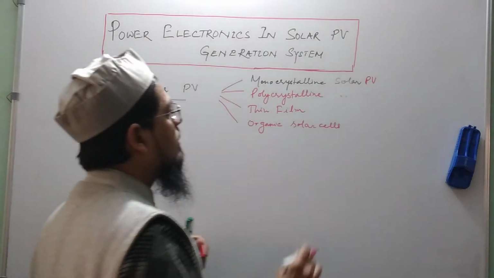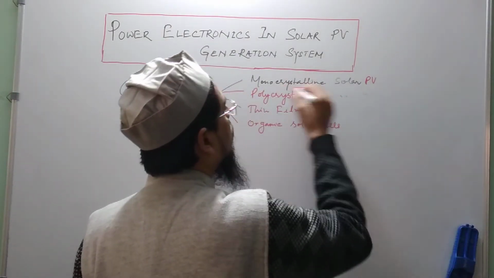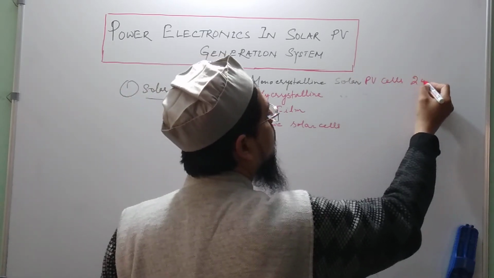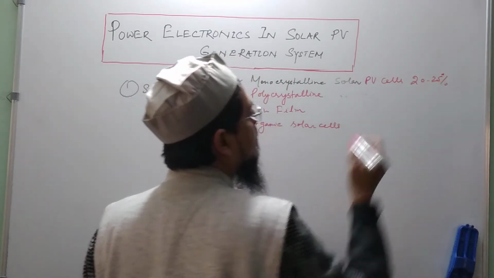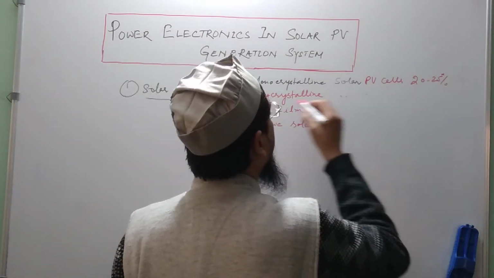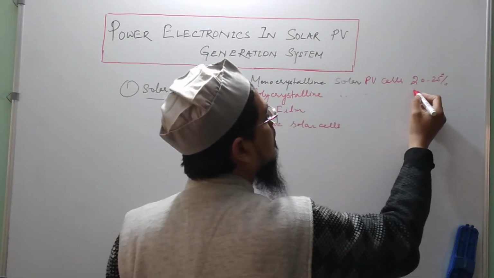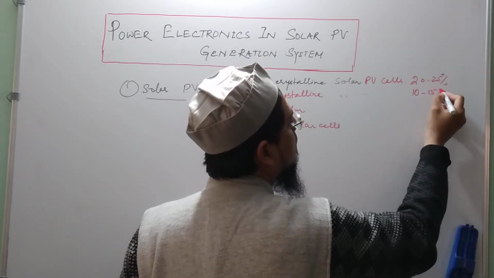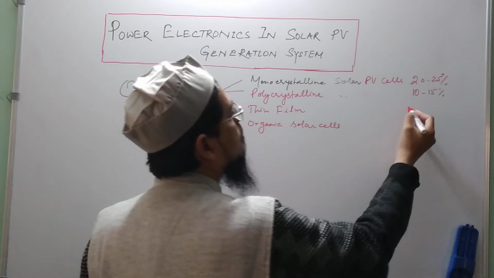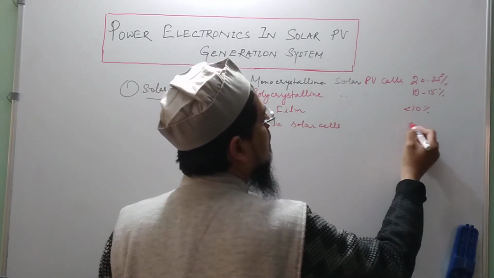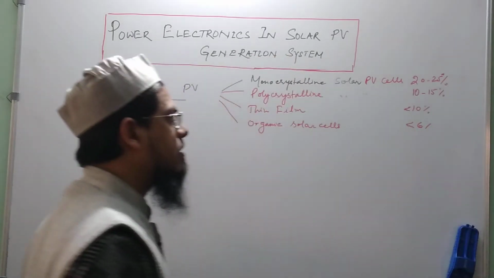Typical efficiency of monocrystalline solar PV cells lies between 20 to 25%. While that of a polycrystalline solar PV cell is in the region of 10 to 15%, while thin film has less than 10%, and organic solar cell even less than 6%.